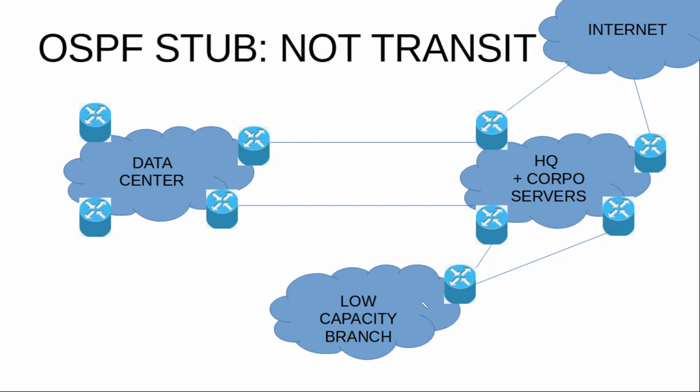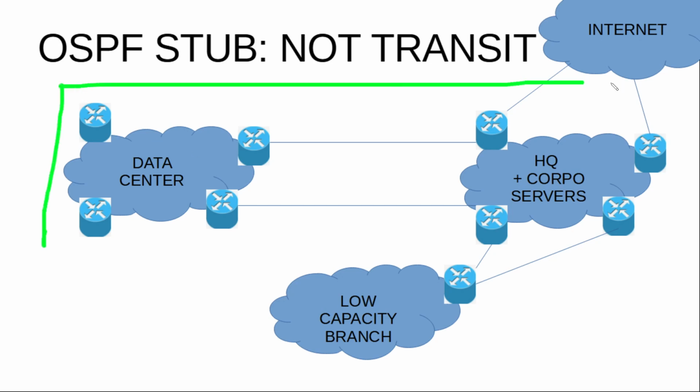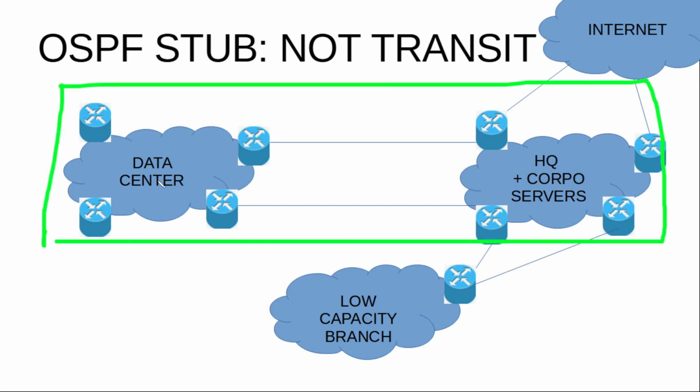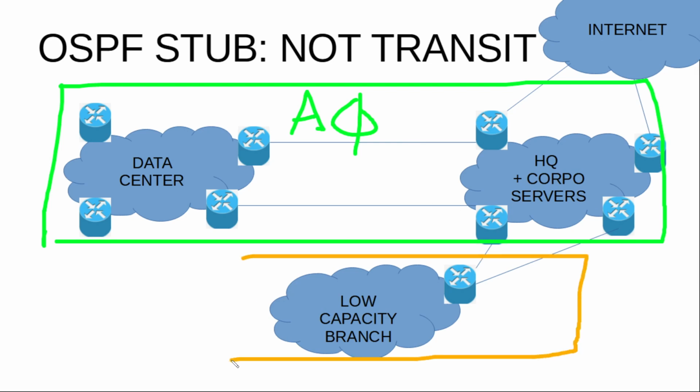But what happens if we have a low capacity branch that is even geographically remotely connected to your corporate server? In this case, you can set up this as your normal backbone, and then this could be a STUB area for OSPF.